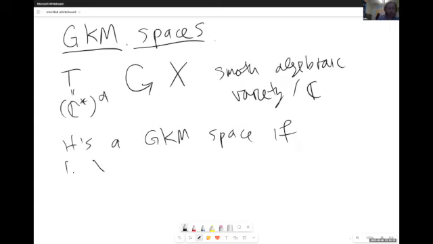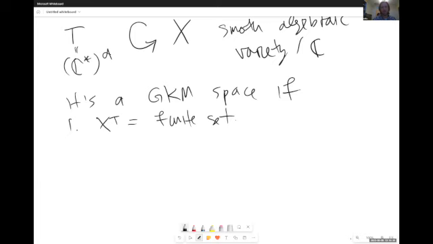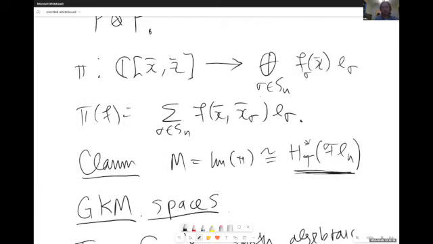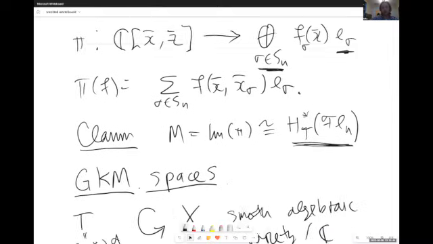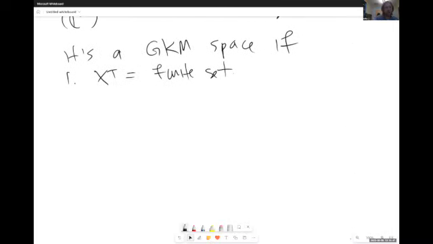First of all, the set of all fixed points is a finite set. In the case of the flag variety, it is a finite set, in correspondence with the symmetric group. That is the same reason we're seeing this term here. More generally, the E sigma correspond to the fixed points.